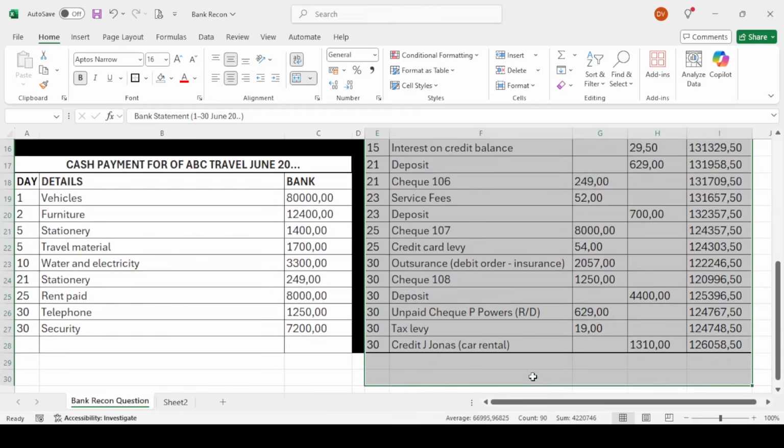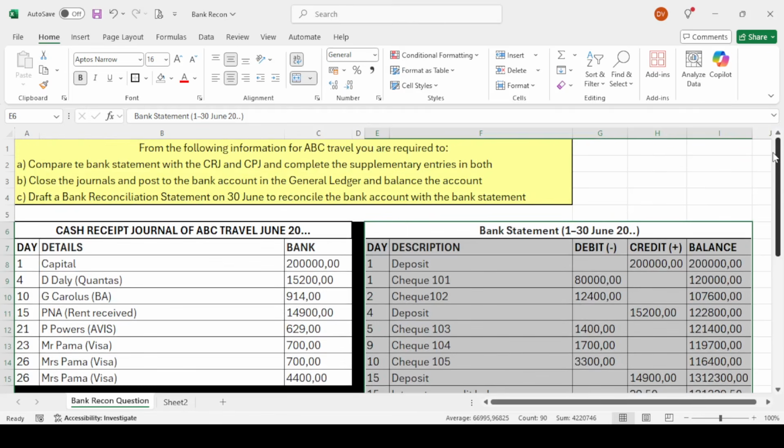There we go. You're going to compare these three documents with each other. All of this information will be given to you in the question, so you don't have to stress about that. They give you the two journals and the bank statement for you to do the comparison.